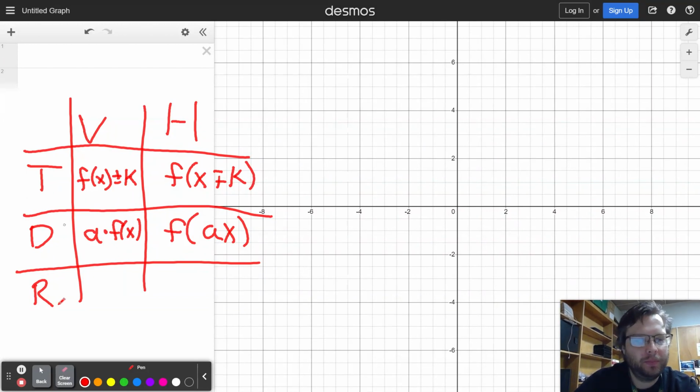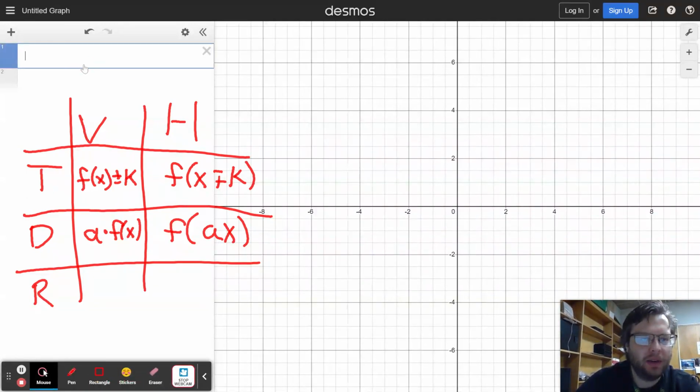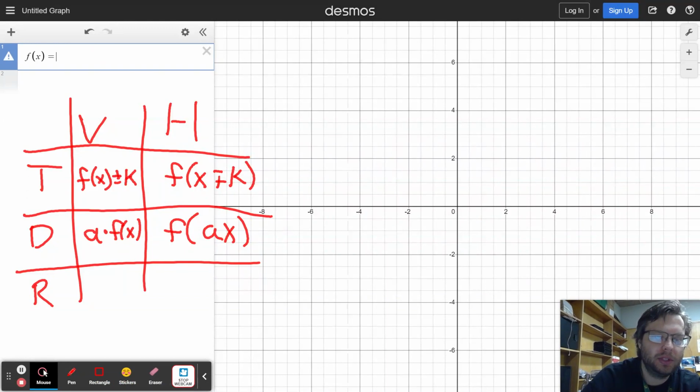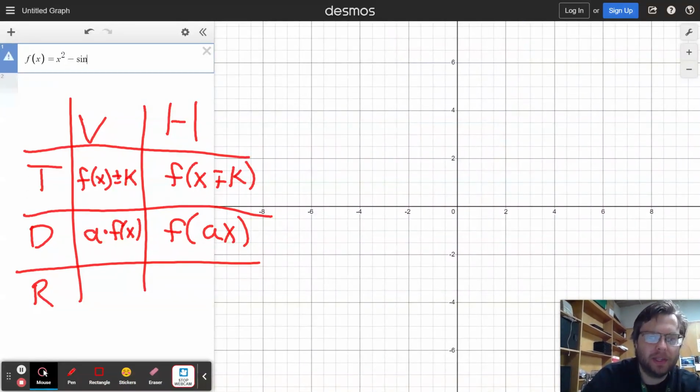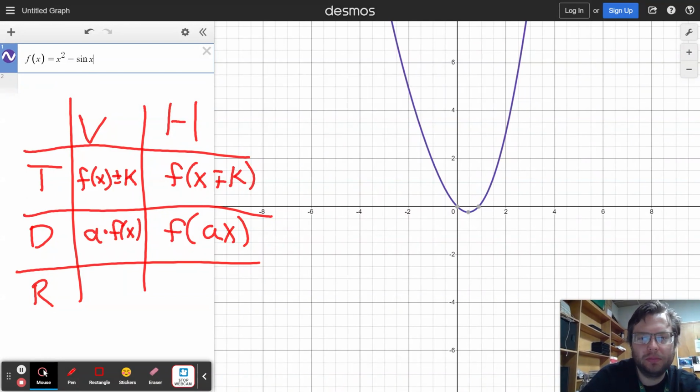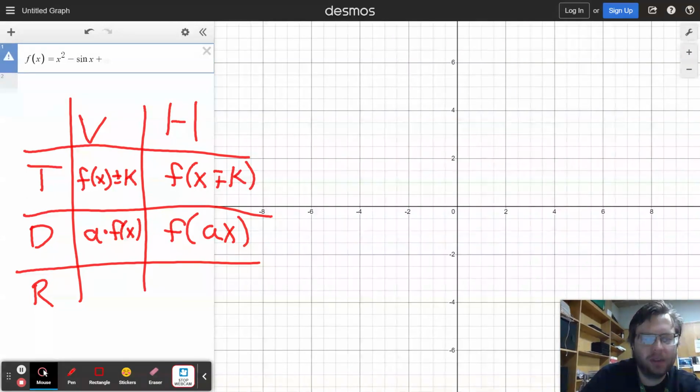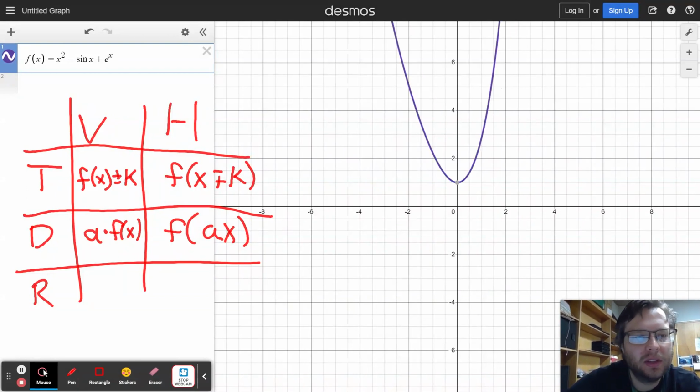So what I want to do is take a parent function, make it something funky, x squared minus sine of x plus e to the x. Even looking that funky, I thought it'd look cooler than that. Let's do sine to the third. Nah, that doesn't work.